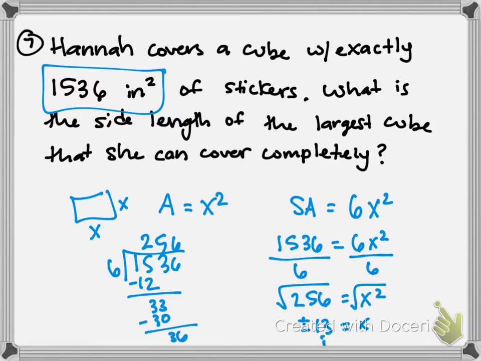And this would be inches. So now we got to think about this in the context of the problem. Would it make sense? It's not 13. Sorry, guys. It is 16. 16 inches. Would it make sense to have a negative side length for a square? No. So my answer for this one would be positive 16 inches.